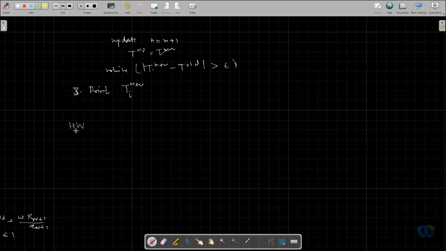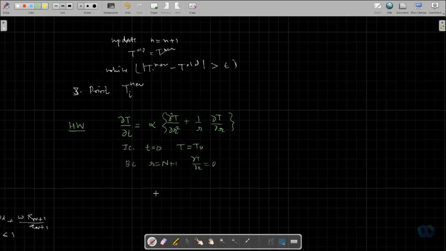Time is up. I will just give you homework. What you have to do is the same procedure for an unsteady problem. So the unsteady problem I am just writing here: del squared T by del r squared plus 1 by r del T by del r equals del T by del t, with initial conditions at t is equals to 0, T is equals to some T naught, given, and boundary conditions at r is equals to n plus 1, del T by del r is equals to 0, insulation, and at r is equals to 1, del T by del r is equals to 0.